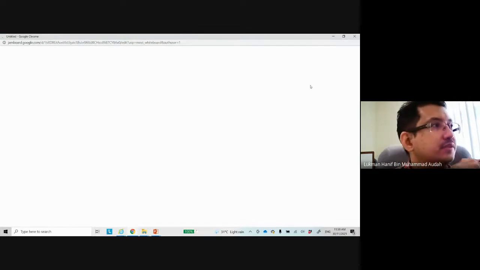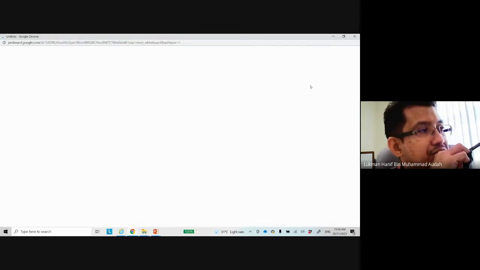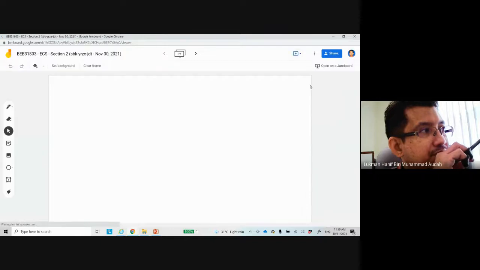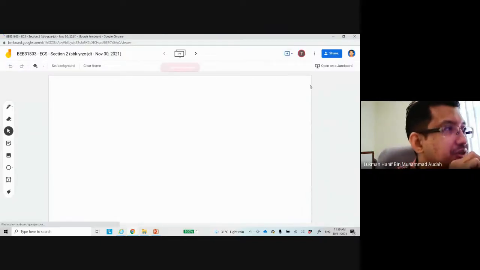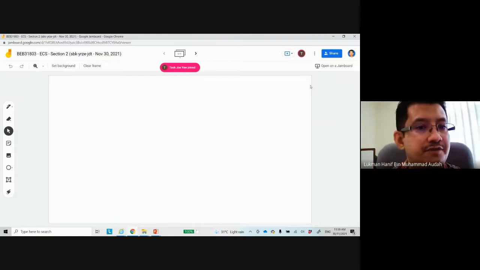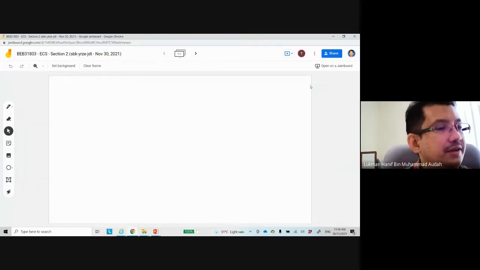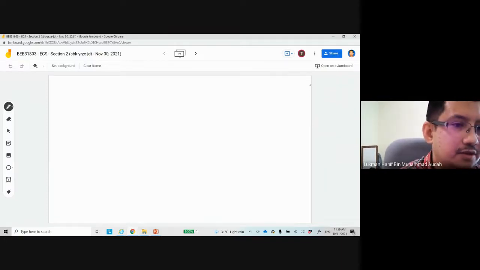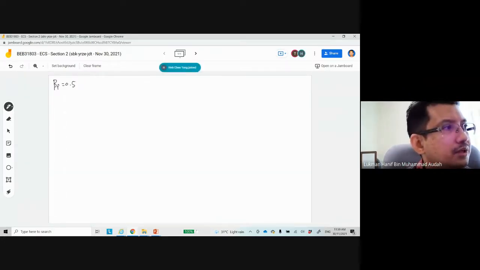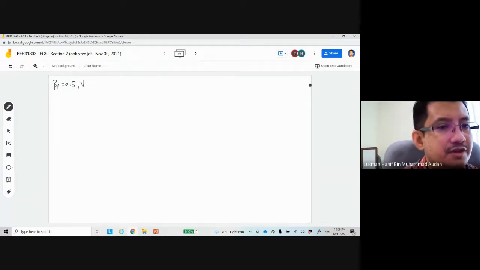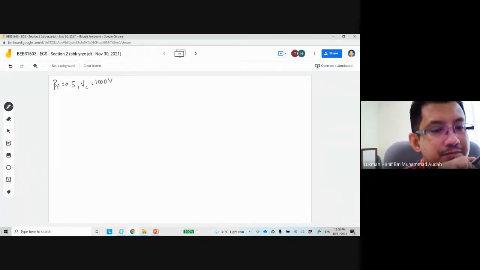Okay. So let's do question number 5, which is find the amplitude spectrum. So I rewrite again the equation and the parameters. You are given the beta parameter, beta f is 0.5. You are given VC, VC is given as 1000 volt.